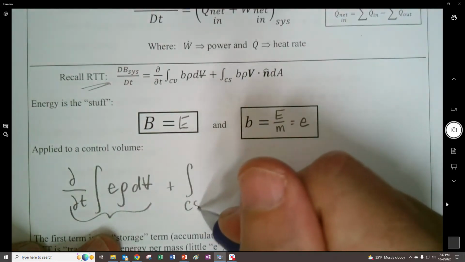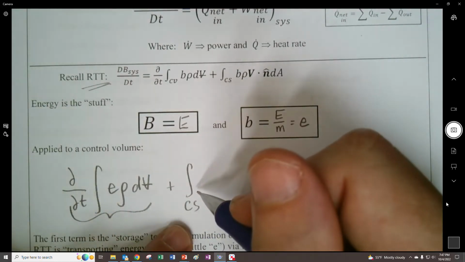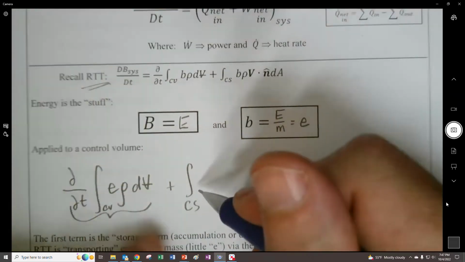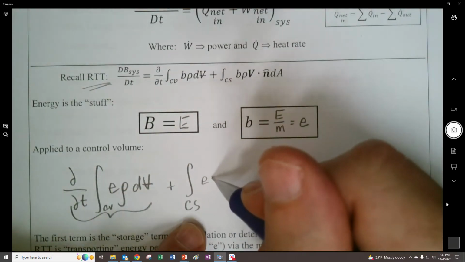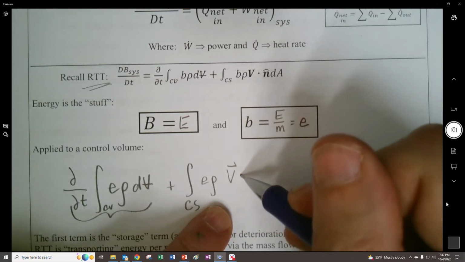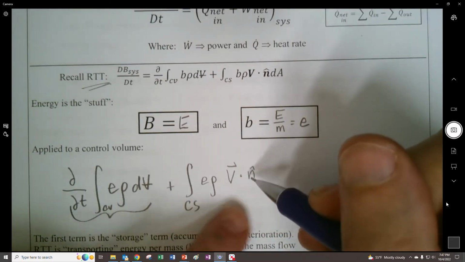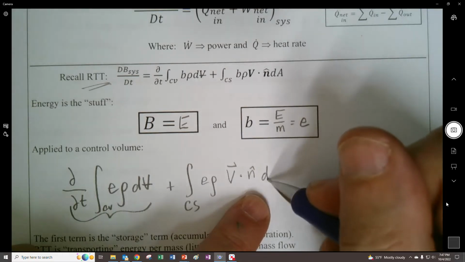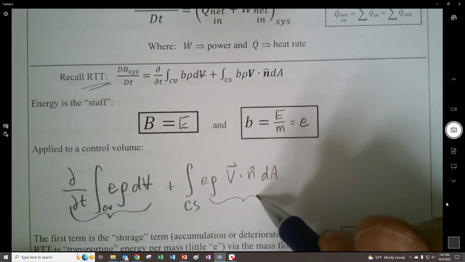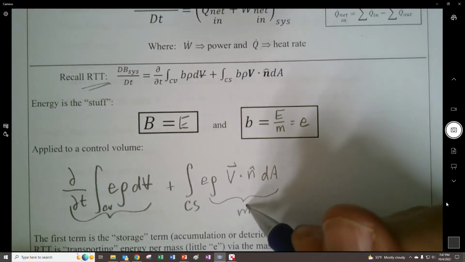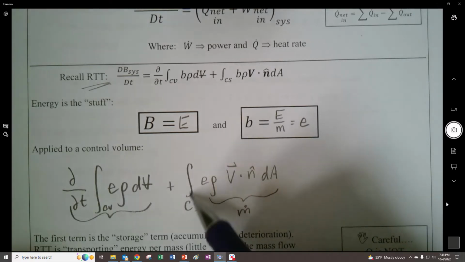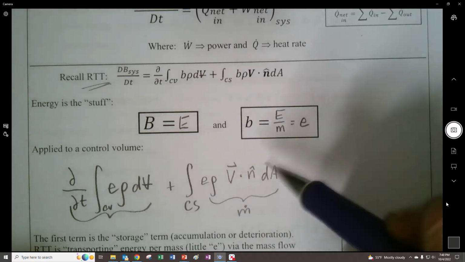Going through the control surfaces, we have the velocity dotted with the normal unit vector times dA. And we have to recall that this portion right here is really the mass flow, right? And so this is all of the things passing through control surfaces.